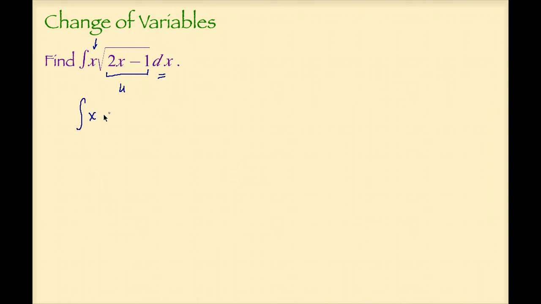This is the integral of x times 2x minus 1 to the 1/2 power dx. We will let u be 2x minus 1. Our strategy here is to start with this u substitution and then rewrite the entire integrand, replacing anything that is in terms of x with an expression that is in terms of u.